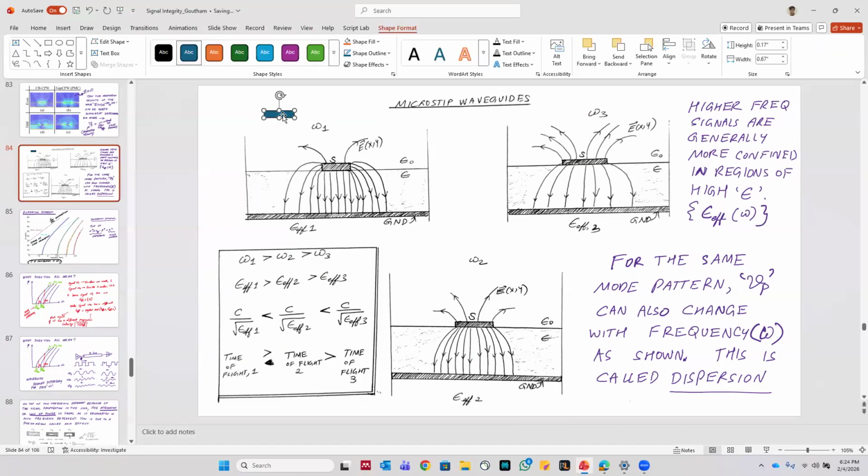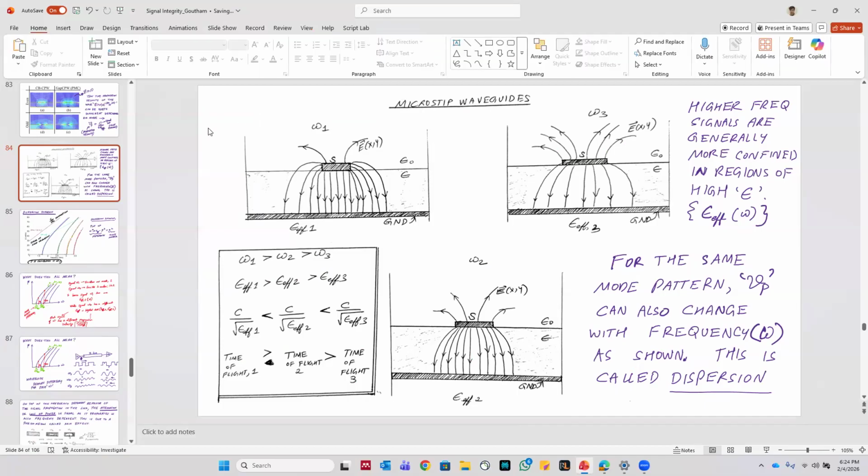Unfortunately, I wish there was a board that I can show, but a strip line basically has the same dielectric constant on the bottom and the top, with a ground plane on top and bottom. So for that, the effective dielectric constant tends to be more constant with frequency, right? So those are some ways that you can make sure that the time of flight doesn't change much with frequency, okay?